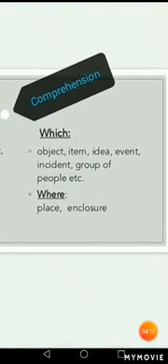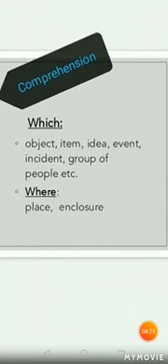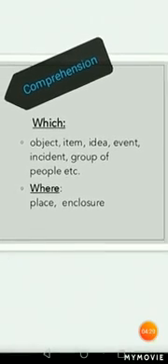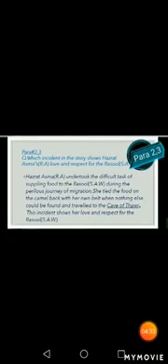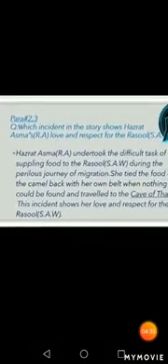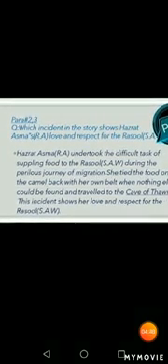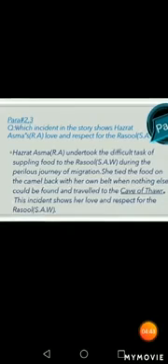For questions that start with which, we need an object, item, idea, event, incident, or a group of people in the answer. Again, an example from the text. Paragraph number 2 or 3. Which incident in the story shows Hazrat Asma's Radhiyallahu Ta'ala Anha love and respect for the Rasul Sallallahu Alaihi Wasallam?